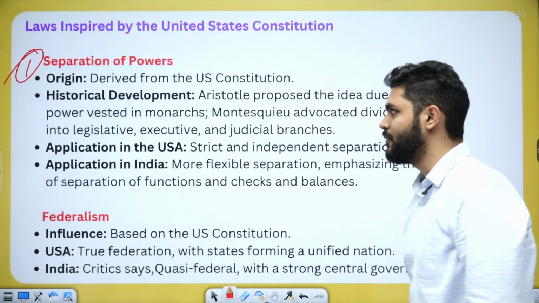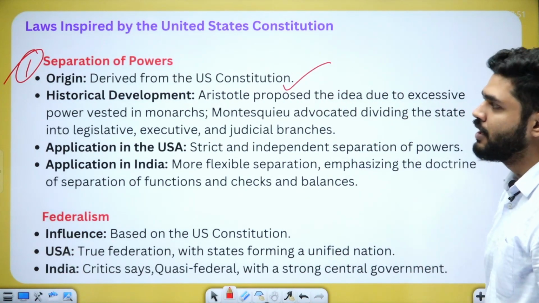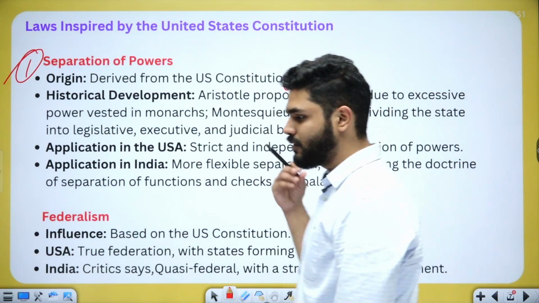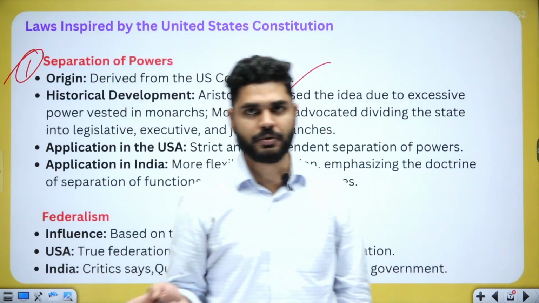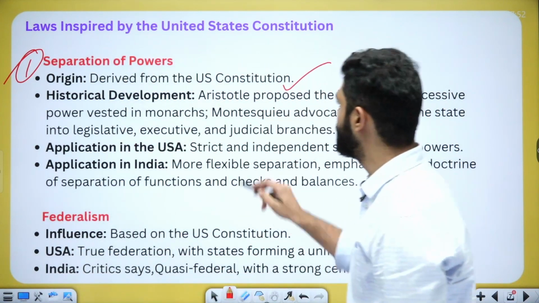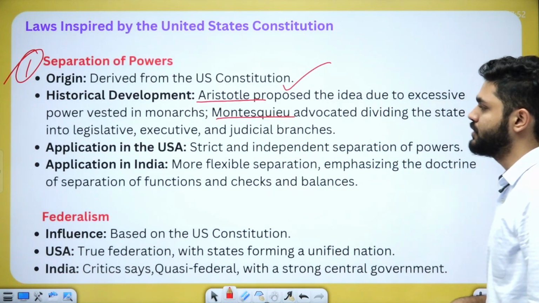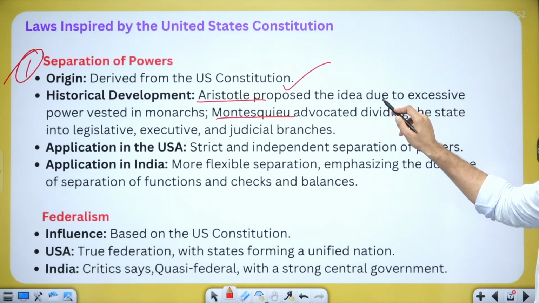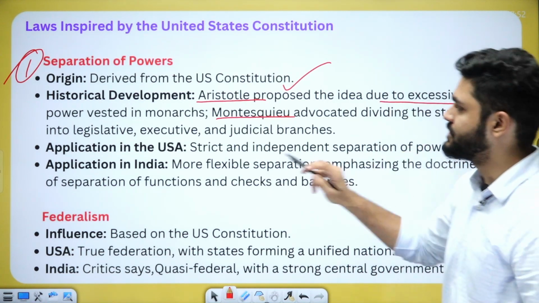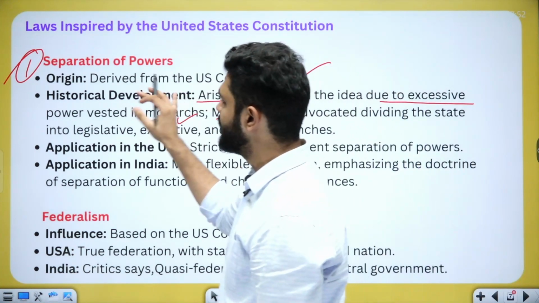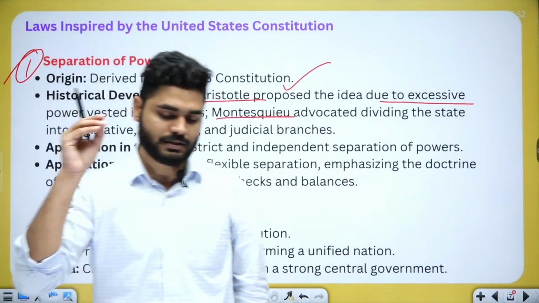Now separation of power we know derived from US Constitution. If we see a historical development around it, there are two important people who are associated with it. Number one is Aristotle and number two is Montesquieu. Aristotle proposed the idea, due to excessive power vested in monarchs, of separation of power.